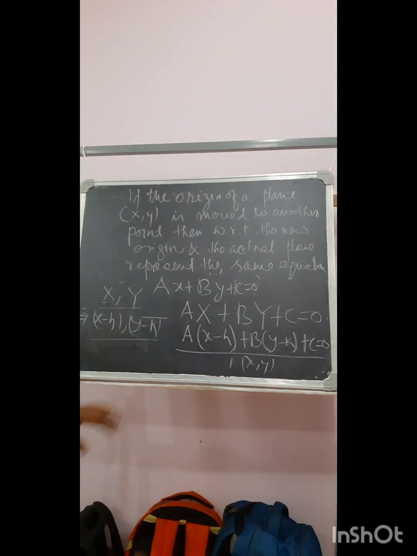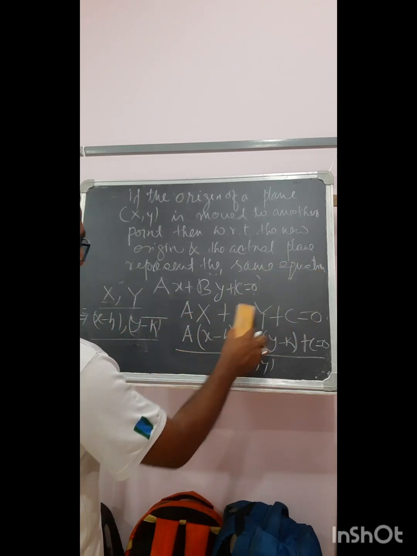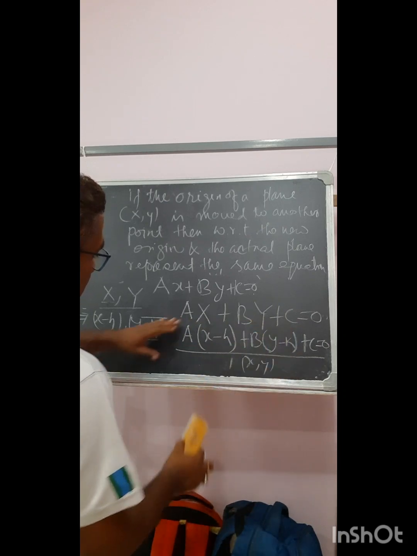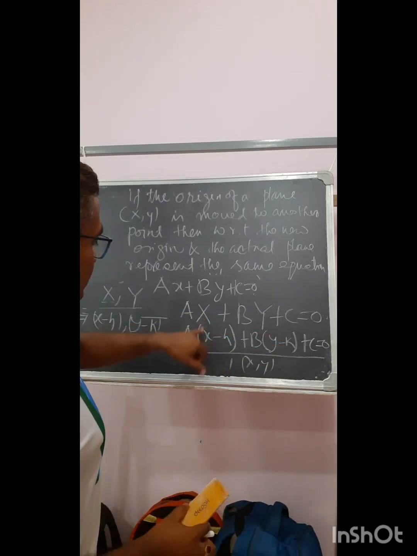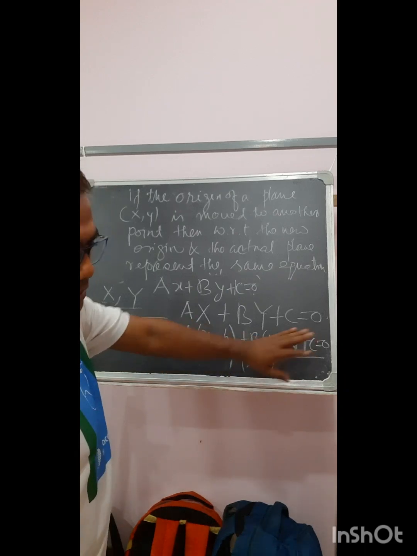Okay, understood? So when it is according to the shifted origin, it will be like that. Now I will put the value of X with respect to the actual coordinate, it will be shifted like that.